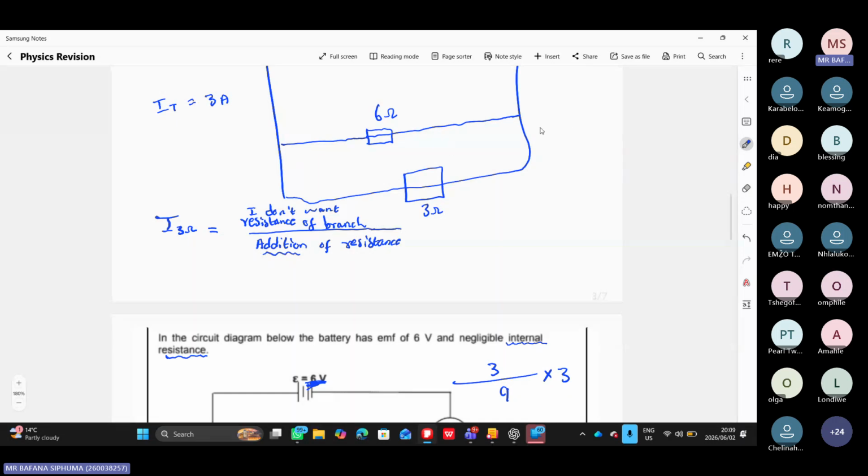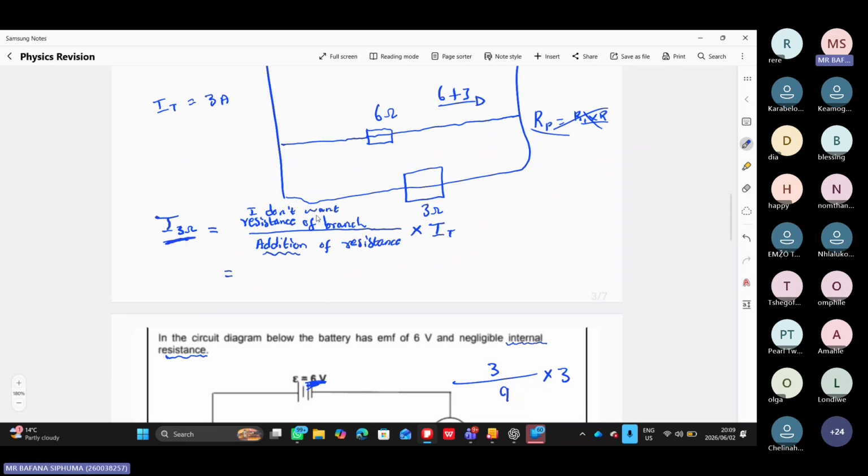The reason why I'm emphasizing saying addition is that you don't necessarily find R parallel, because some of you are going to use this formula: RP is equal to R1 multiplied by R2. No, we don't apply that formula. You just add them. You just say 6 plus 3 in this case, just like that. Then you multiply by IT, which is the total current. I'm looking for the current on the 3 ohm resistance.